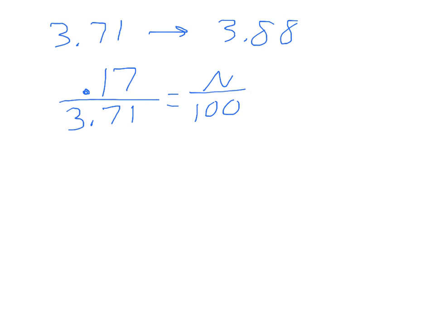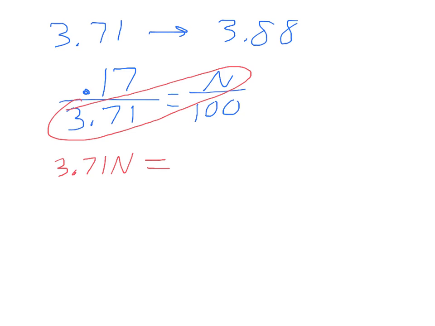Now, what should I do? Cross multiply. Okay, so $3.71 times n is what? $3.71 n equals 17 cents times 100 is 17.